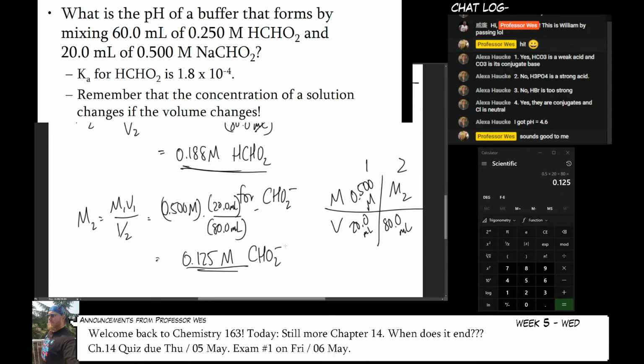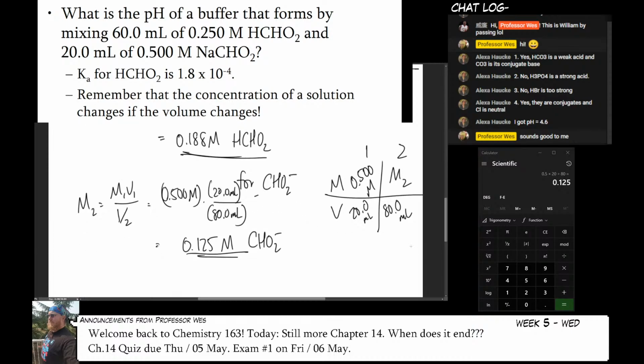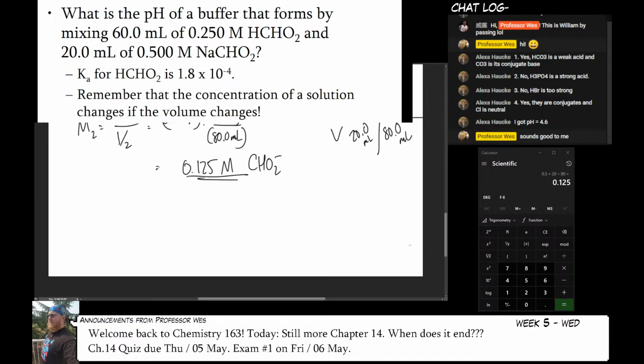So now that we have the correct molarities, we can do the buffer process here. If only I had enough space, right? Well, we could just cram it in here. So we've got formic acid and water makes H3O plus and formate.